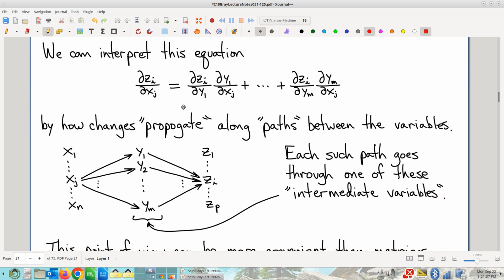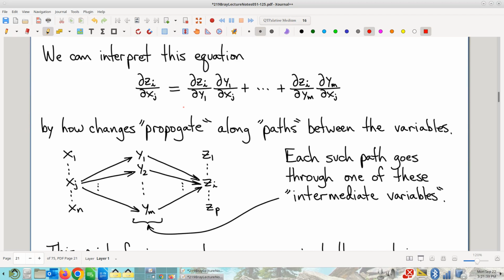Moving along, how do we think about this equation? Well, not losing sight of the fact that it comes from the matrix form. It's just a narrow part of the matrix form. There is another nice way to think about it. In particular, you can kind of see the composition.